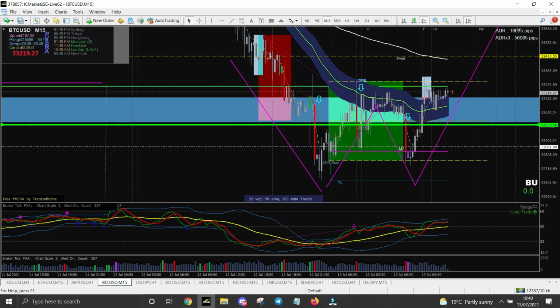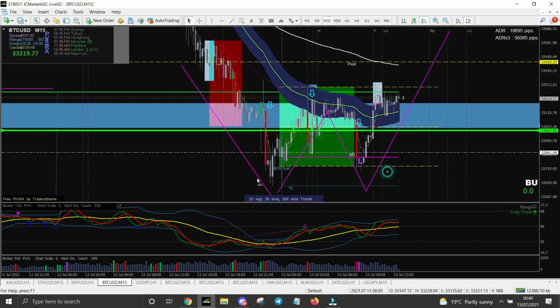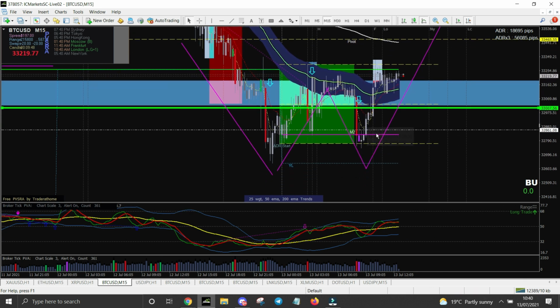Right. So, the second leg of the W formation itself is going to help us understand the market maker's intention as to whether or not he's going to come out of this zone. Now, what you want to see is the market maker come away from this point, because remember, the W formation is a psychological pattern.